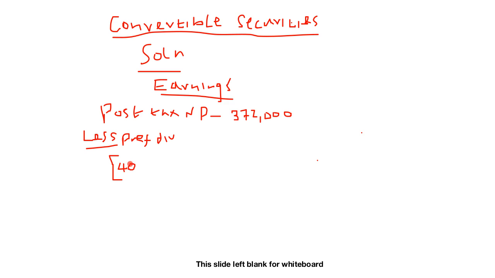We multiply the number of shares by the price of each share, then by the rate, which is 7%.